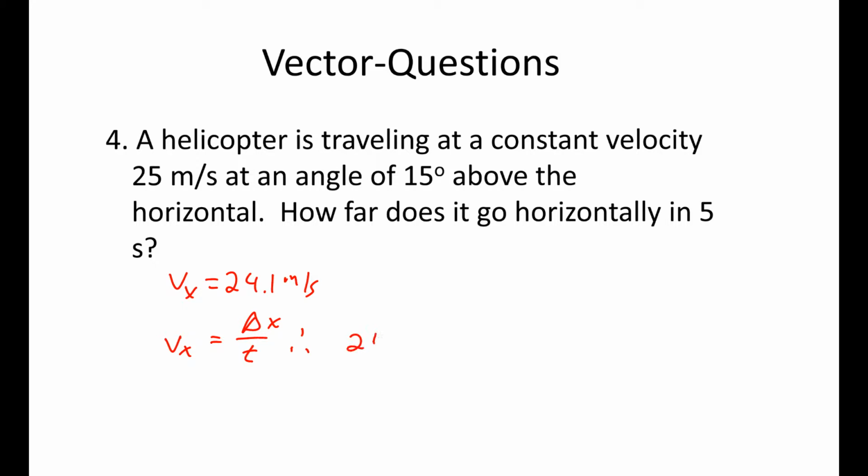Then 24.1 equals delta x over 5 seconds. And what do we get for delta x? 120.7. Depending on how you're rounding, that's the answer. Any questions on that one?